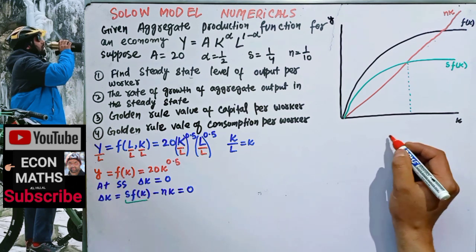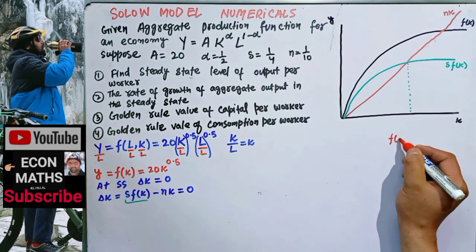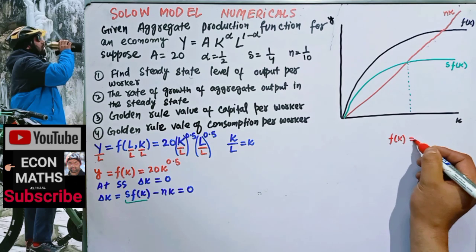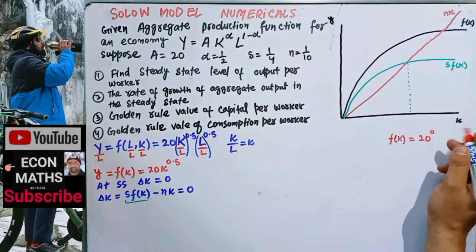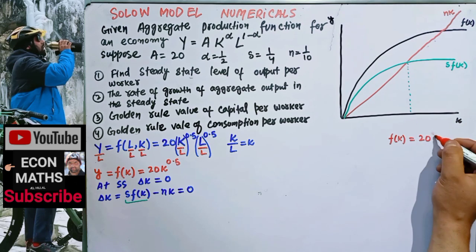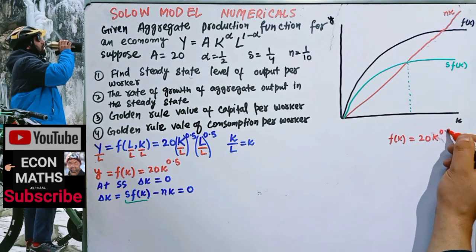Okay, so our f(k) function, that means f(k) in intensive form, is 20 k to the power 0.5.